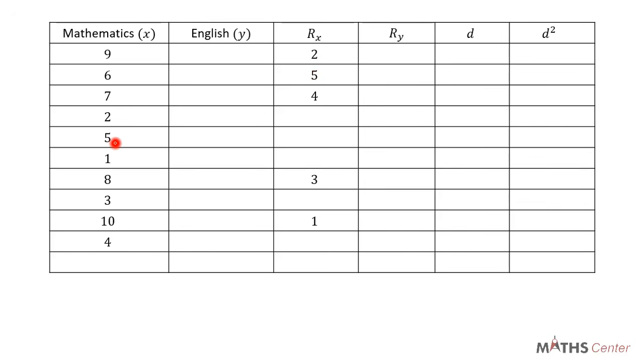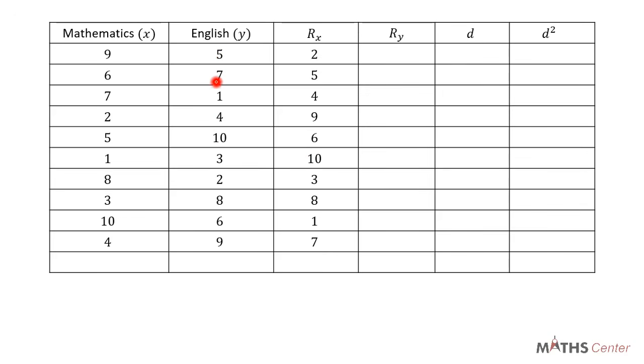The next one is 5. That will have a rank of 6. The next one is 4. That will have a rank of 7. The next one is 3. That will have a rank of 8. The next one is 2. That will have a rank of 9. And the last one is 1. That will have a rank of 10.